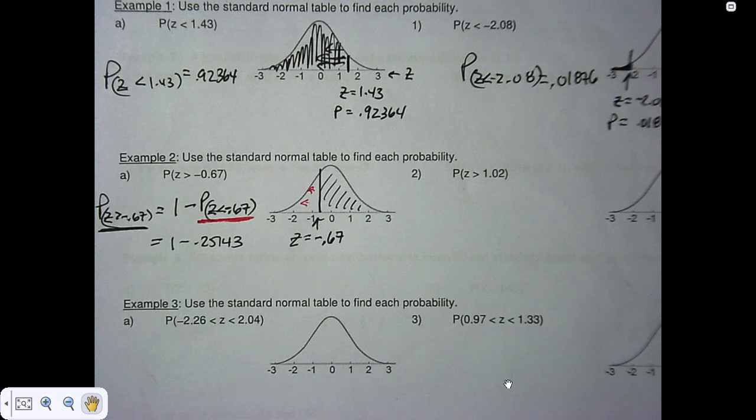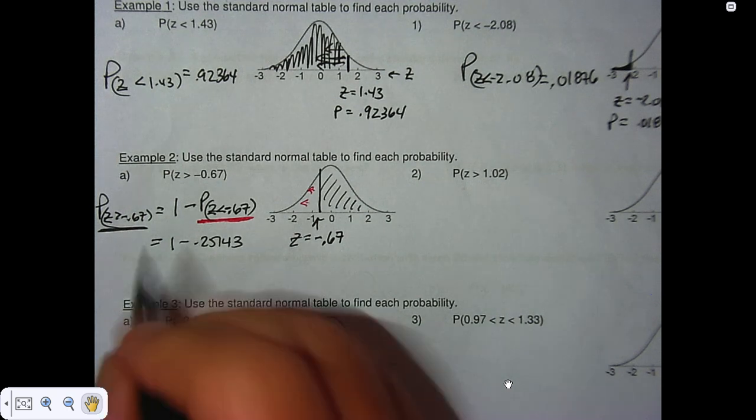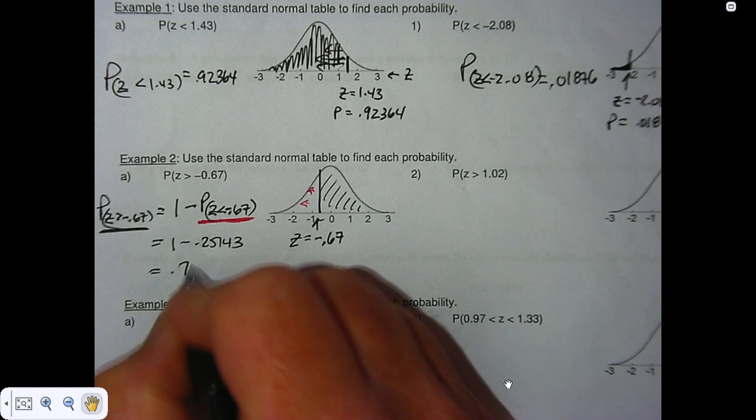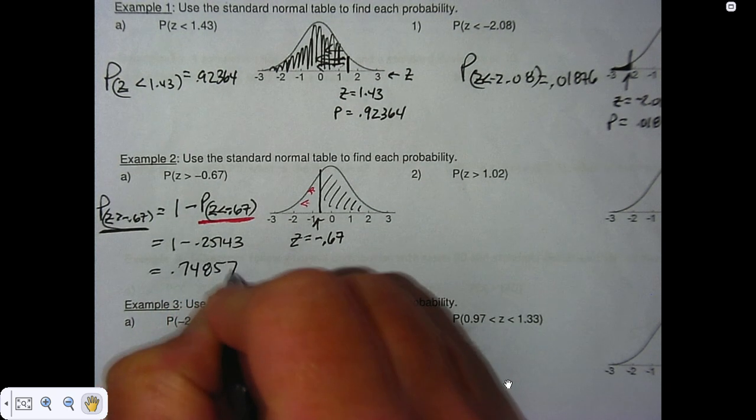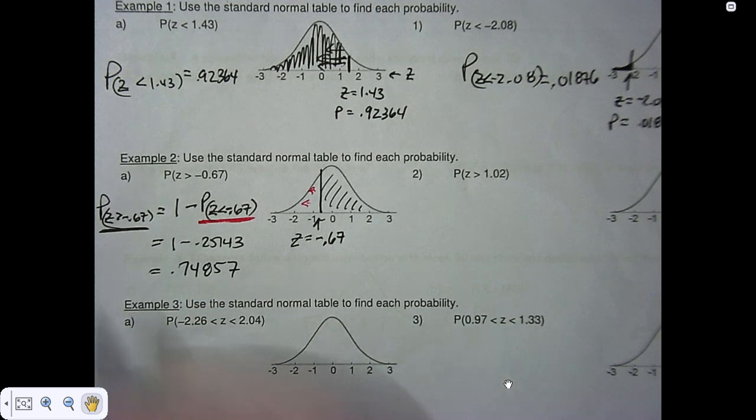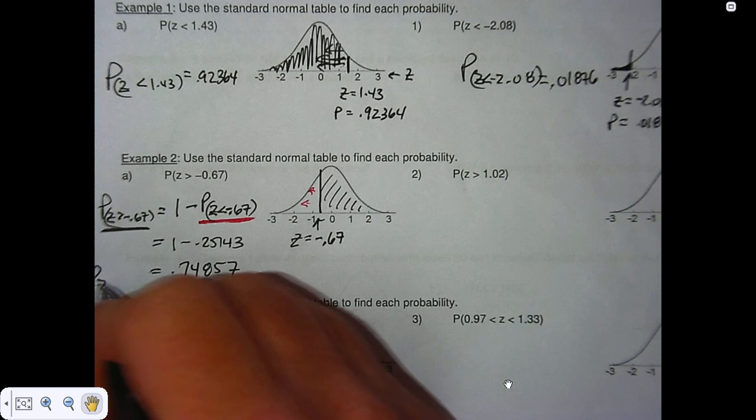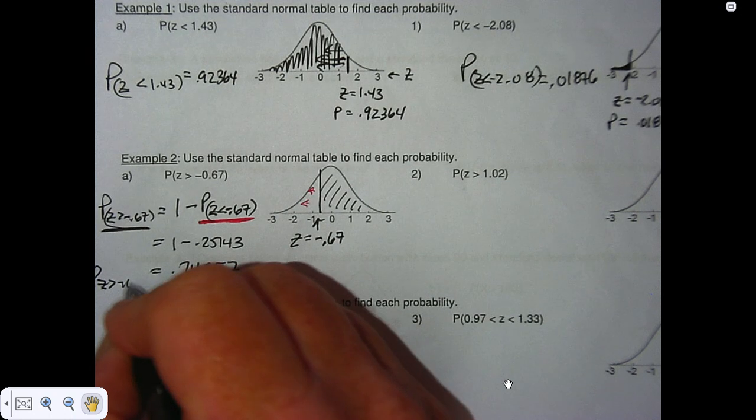Got to do that subtraction. If you want to do it on a calculator, you can, or do it by hand. You can probably hear me opening the calculator in the background. So I am going to do it by calculator. 0.74857. So that is the probability that z is greater than negative 0.67.